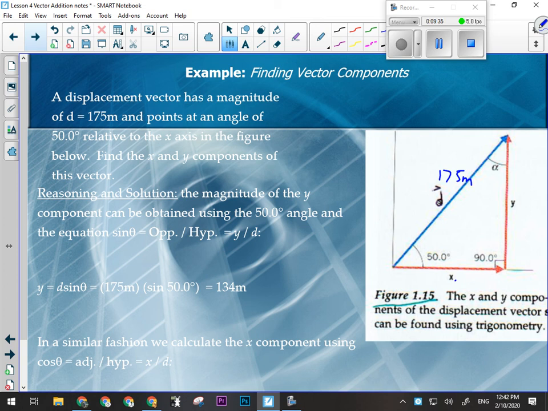So if I want to find x, x is going to be the cos of 50 degrees times 175, the hypotenuse. Cos of theta is adjacent over hypotenuse, and I'm solving for the adjacent side. Obviously your calculator needs to be in degree mode for this.